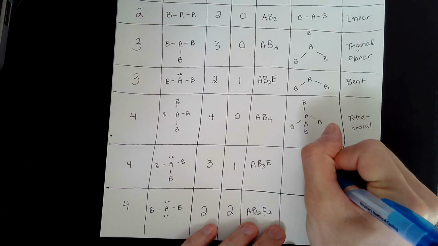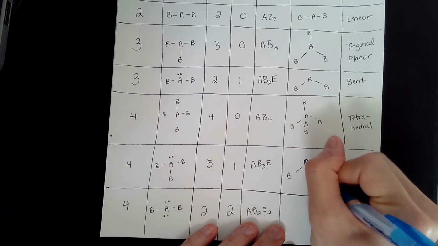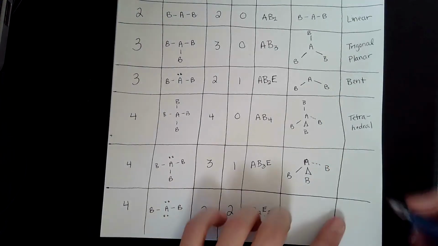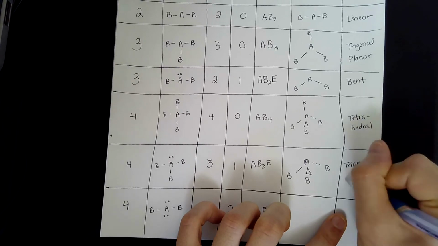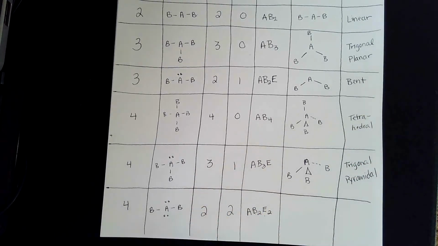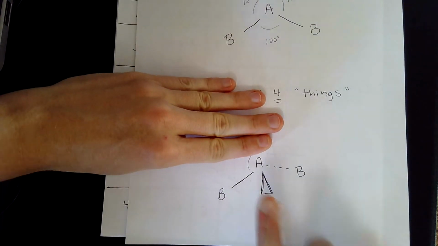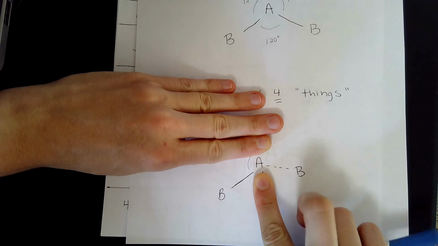So we have AB3E and trigonal pyramidal. Lastly, if we have 2 pairs of electrons there, now we can cover up 2 of those, and what do you notice the shape is?